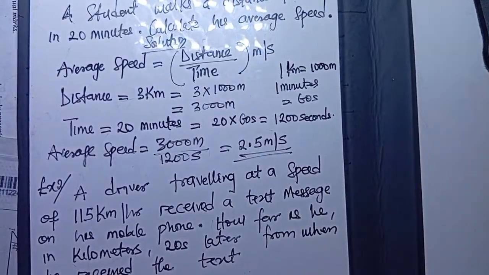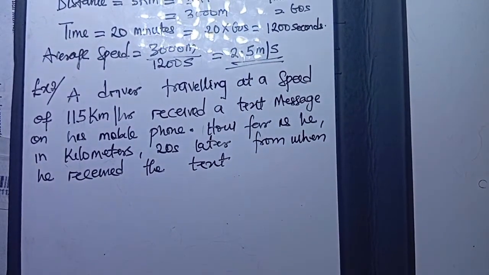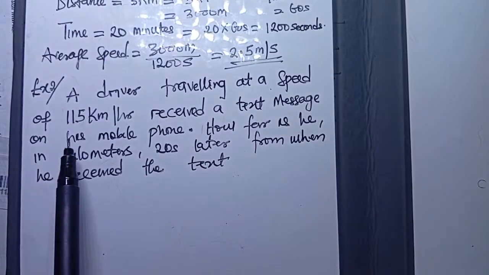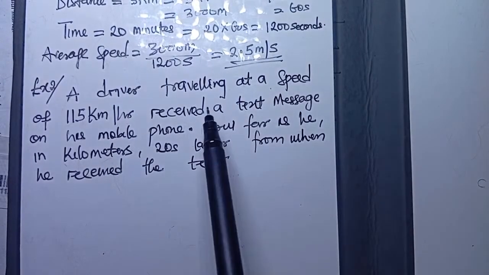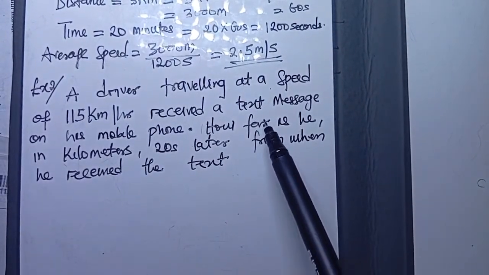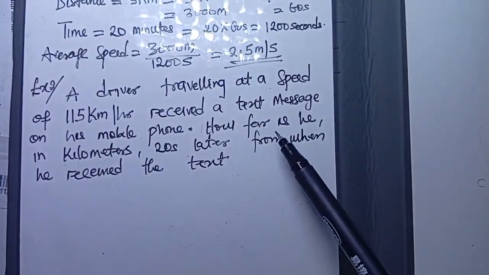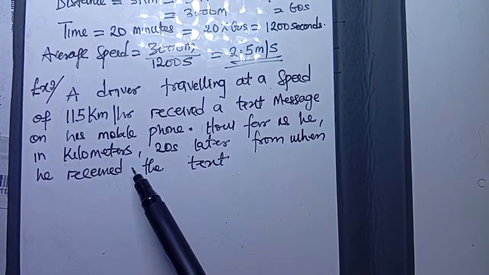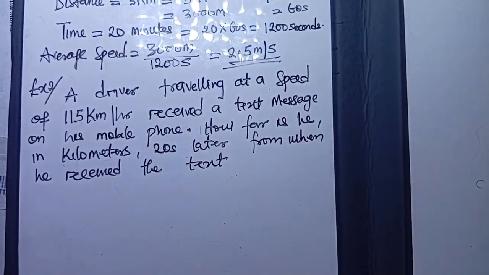So let's try to analyze this example 2 very well. He said a driver traveling at a speed of 115 kilometers per hour received a text message on his mobile phone. How far is he in kilometers? That is, we are to calculate distance, 20 seconds later from when he received the text.